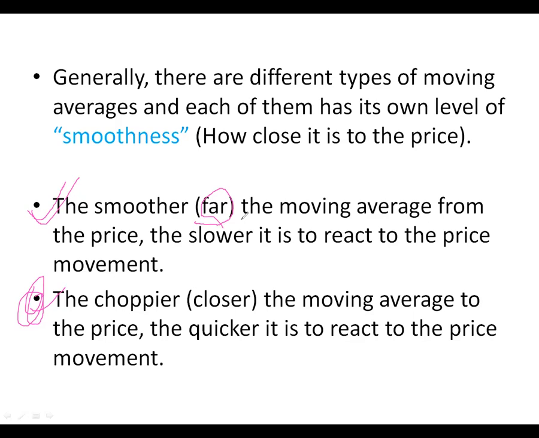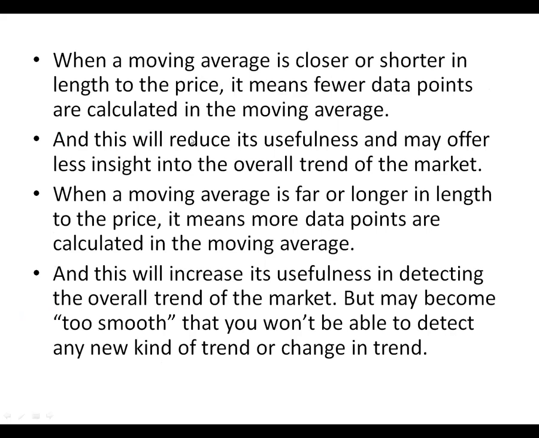And when the moving average is far from the candles, it is slow, or it takes time to give you a prediction. So which one is better? Is it the one that is closer to the candles or the one that is far away from the candles? So let's go ahead and we will appreciate. Now, each of them has its advantages and disadvantages, okay? So let's continue with the note. So now this is where we can decide which one is better.